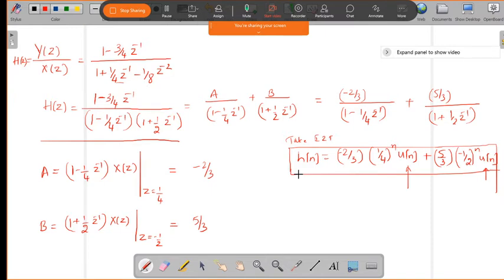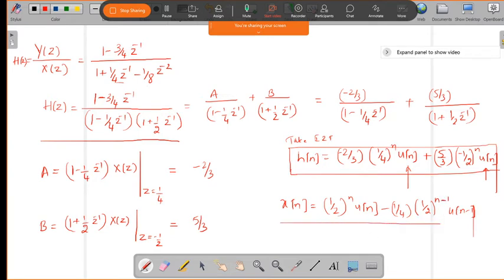Take x of n, which is given by half power n into u of n, minus 1 by 4 into half power n minus 1 into u of n minus 1.